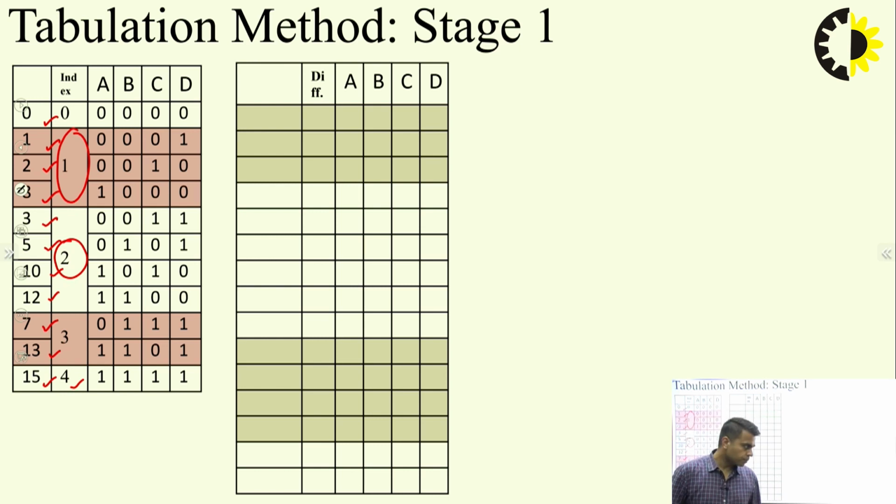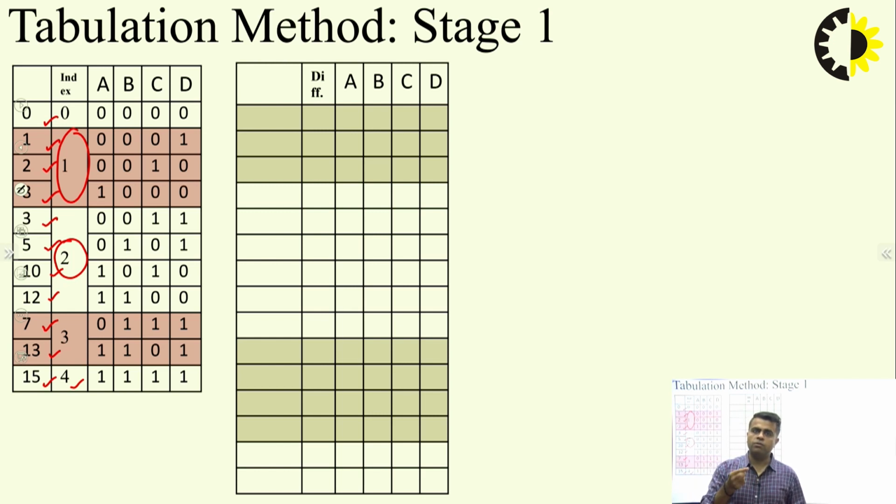The next step is to group these min terms. What is the criterion for grouping? We group the min terms from one index with the next higher index only. That means the first group, having only one term, 0, with index 0, will be compared with index 1 for grouping possibilities.